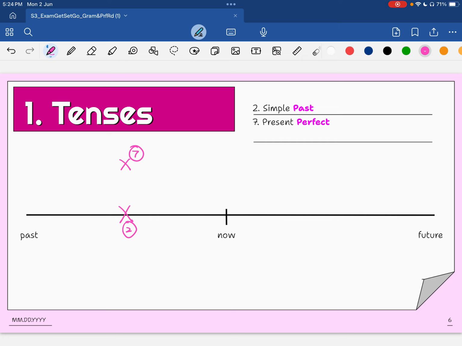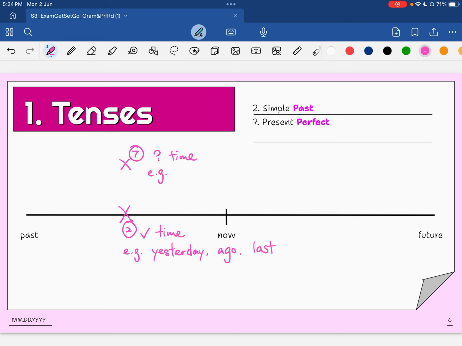Because for simple past, most of the time, we are clear about the time. For example, we know that it is about yesterday, 2 days ago, last year, etc. However, for present perfect, the time is not clear. We may or may not mention the clear time. It's more like we don't really care about the time.